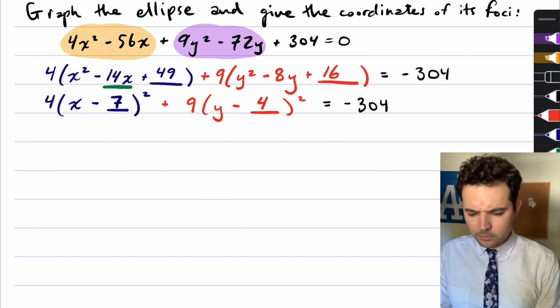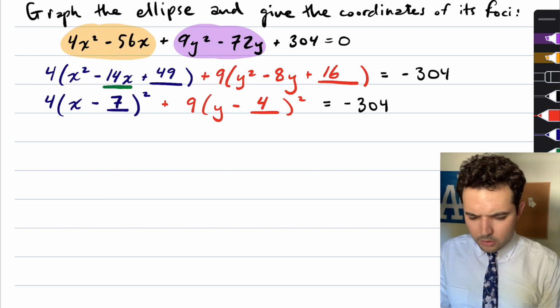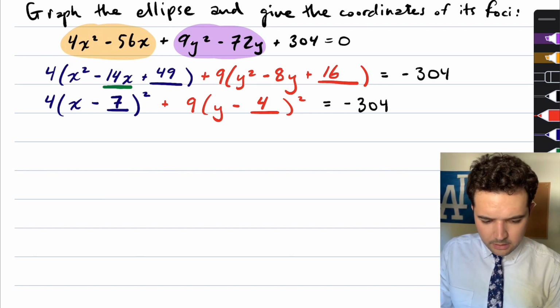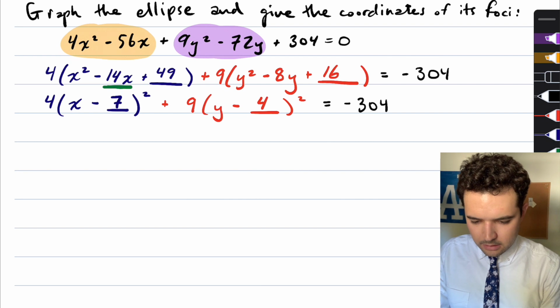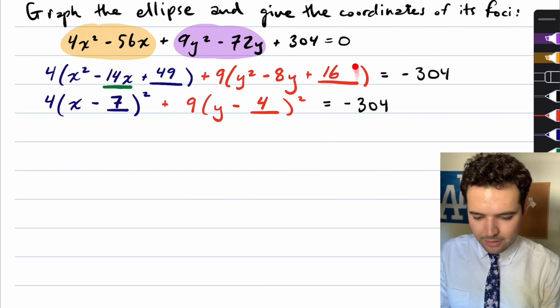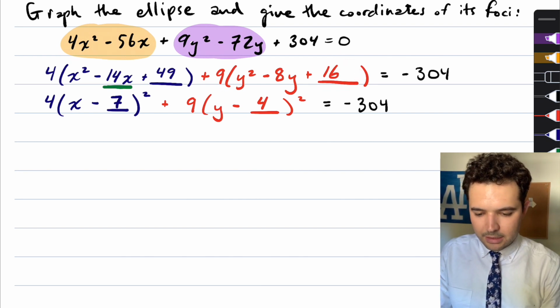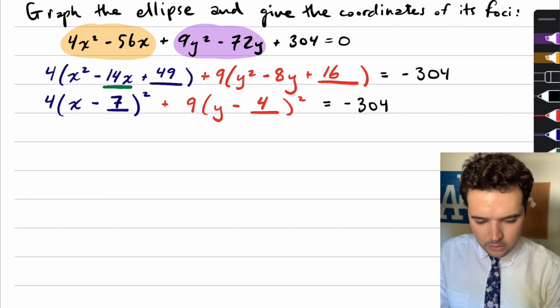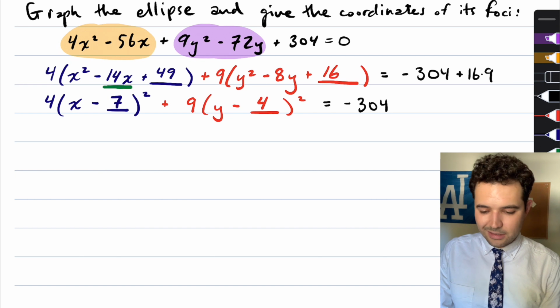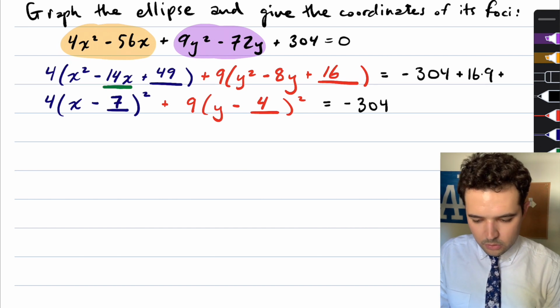Great. So altogether, this tells me that on this side of the equation, I've added 16 times 9 to the equation. So to keep it balanced, I need to add 16 times 9 to the other side. The same thing is true for the 49 times 4.